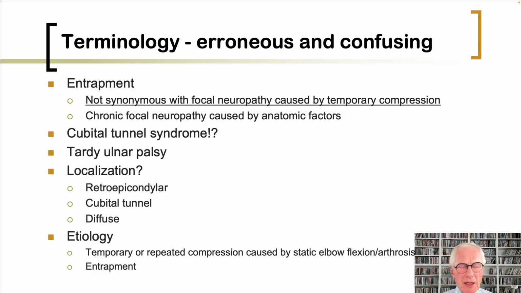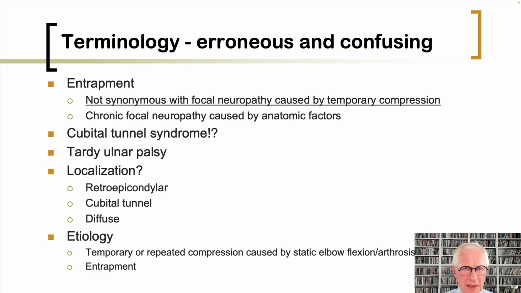But many of the ulnar neuropathies are not chronic. They are fairly acute or subacute. Often we talk about cubital tunnel syndrome. There's tardy ulnar palsy. The terminology is not really that clear, and there's not enough differentiation between the different causes we see in these neuropathies.